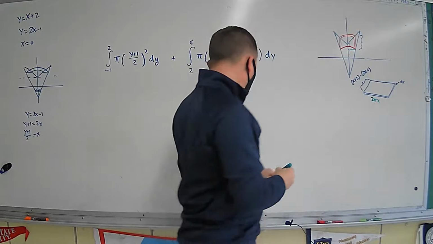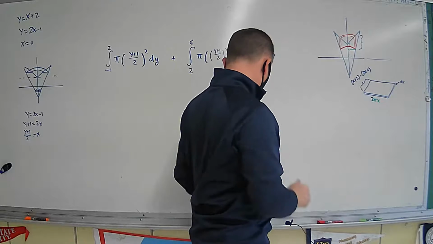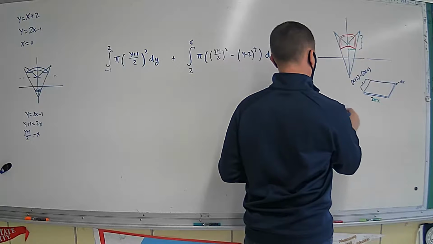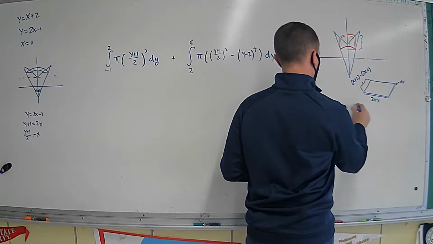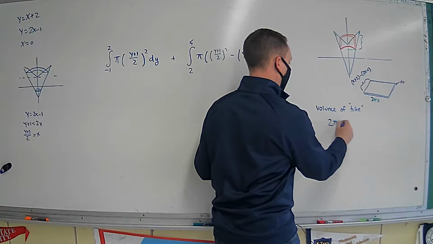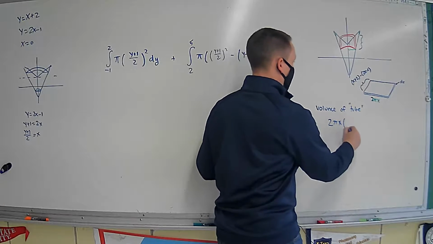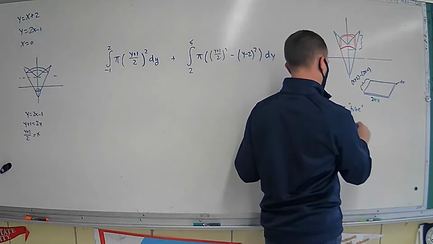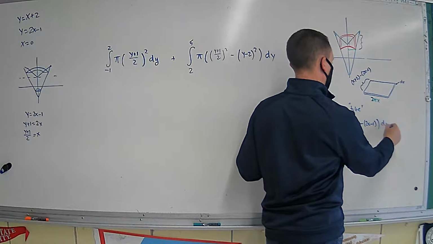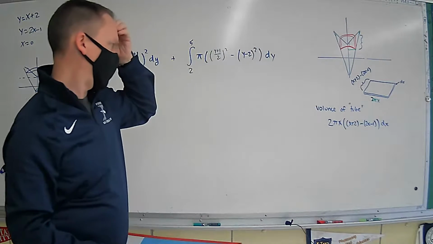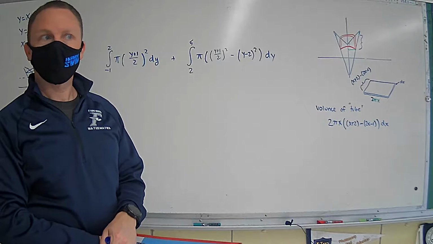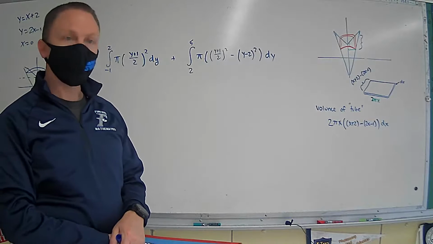So then what's the volume of one of those tubes? They're really called shells, but it's 2 pi x times x plus 2 minus 2x minus 1 dx. So that's the volume of one tube.